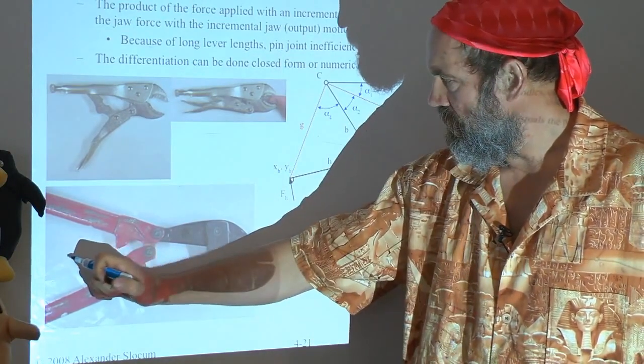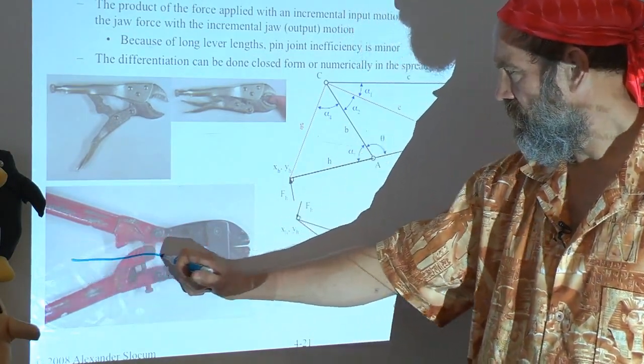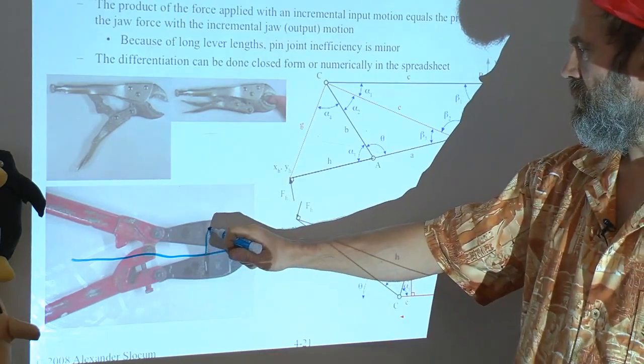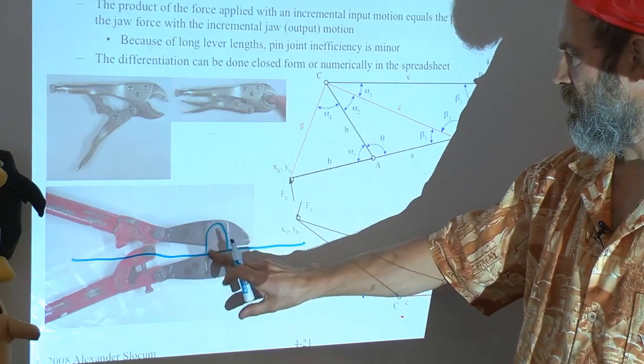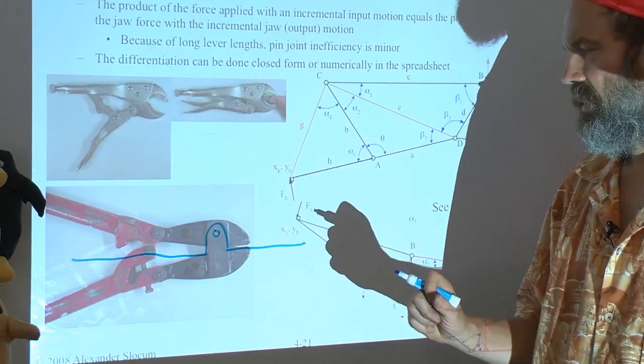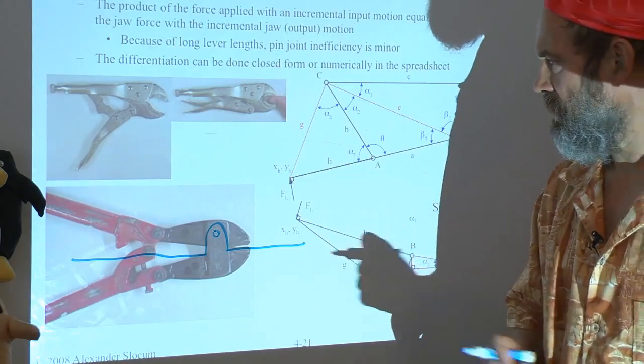By symmetry, you can do this, and now we can put this as part of our ground link. Right? So you should be one step ahead of me as you're sketching in your design notebook.